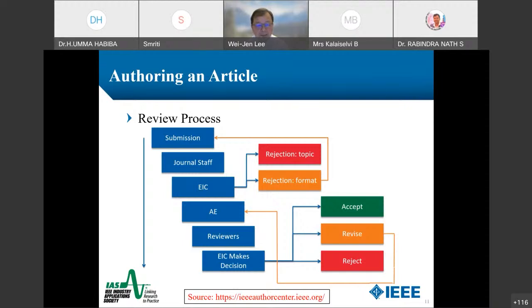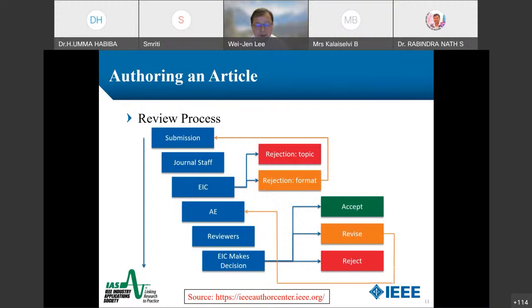After the EIC's first initial check, they pass it down to the AE, the associate editor. Inside the Industry Application Society, we also have a technical paper review chair in between, and then it passes down to the associate editor.